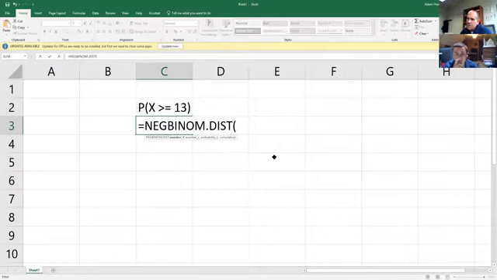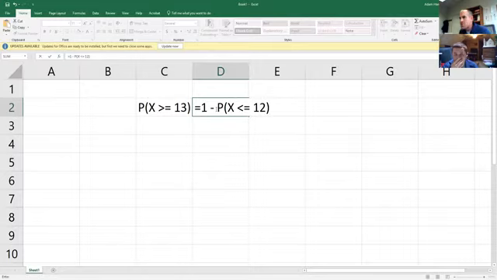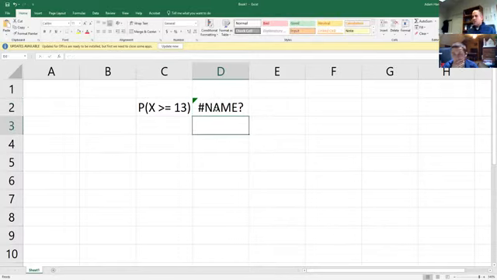We would have 12 failures. Yeah, so hold it. Here, let me do this. So this is the same thing. This is equal to 1 minus the probability that x is less than or equal to what? 12, yeah, less than or equal to 12.